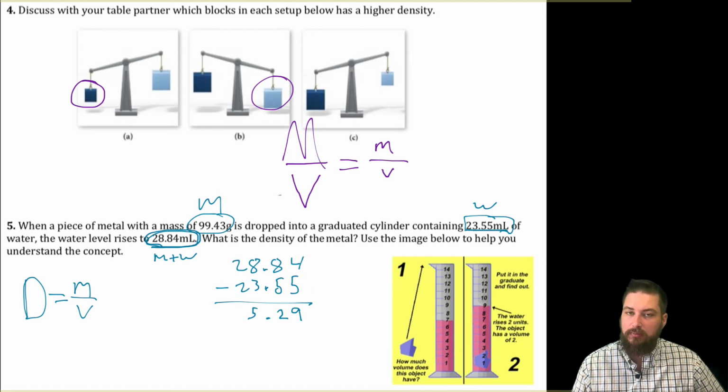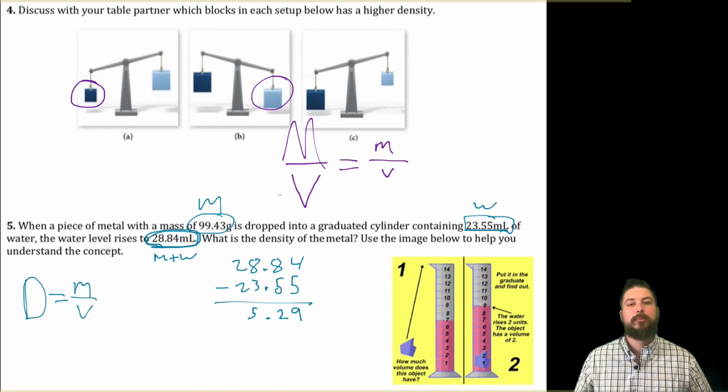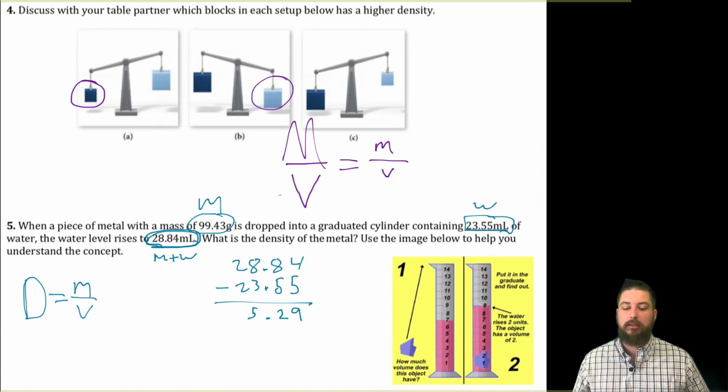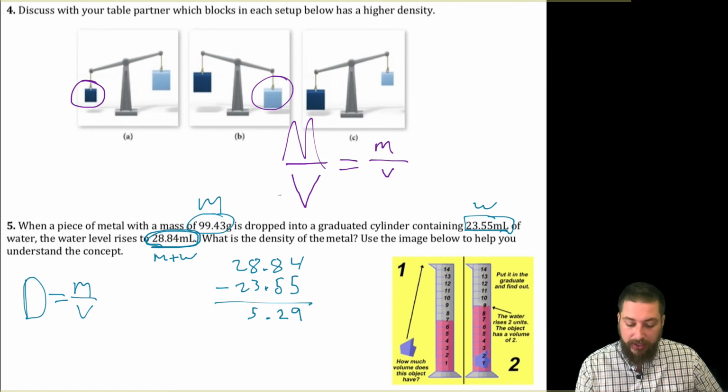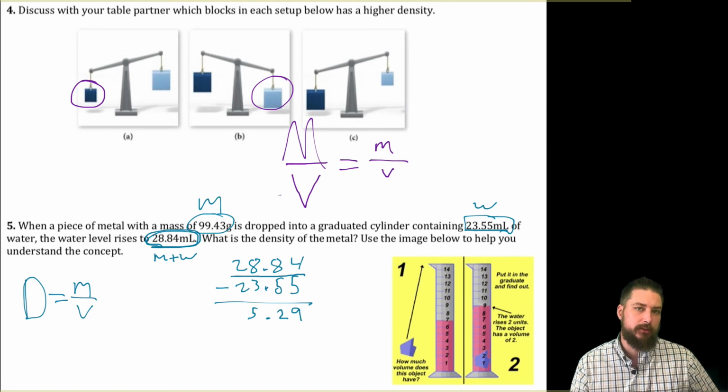That does not mean the final answer has 4, because that's not the rule for adding and subtracting. Rather, the rule is to determine the place value. This one goes all the way out to the hundredths place. This one goes out to the hundredths place as well, so that means the answer should go to the hundredths place.